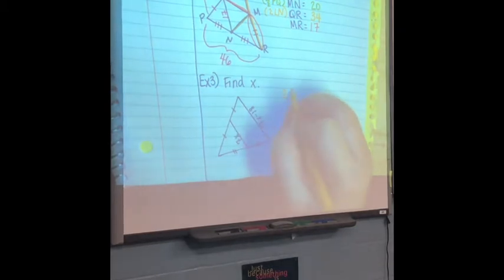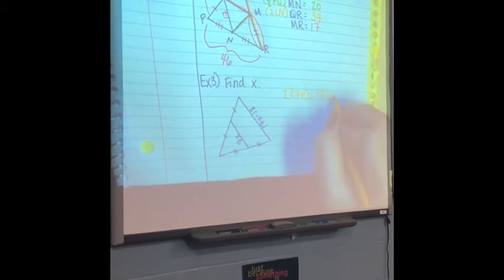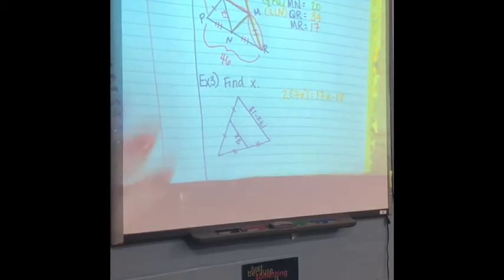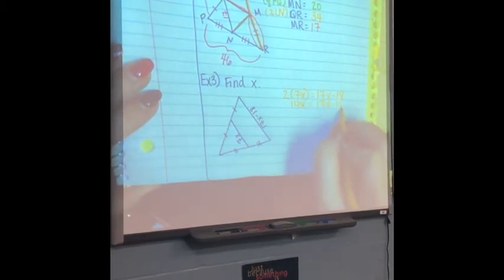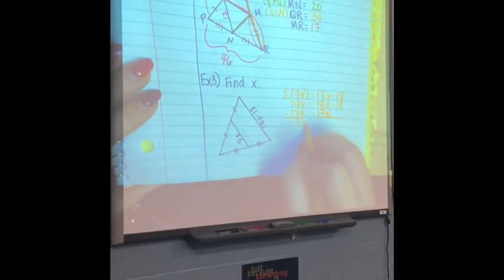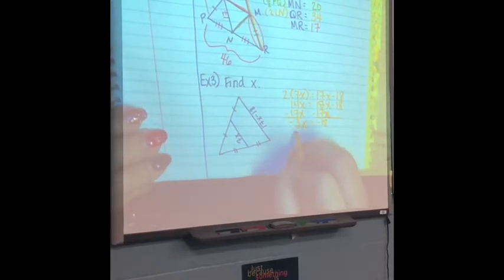So 2 times 7x equals 17x minus 18. And now I can just solve for x. 2 times 7x is 14x. I'm going to subtract 17x from both sides. I've got negative 3x equal to negative 18. I divide by negative 3, and x equals 6.